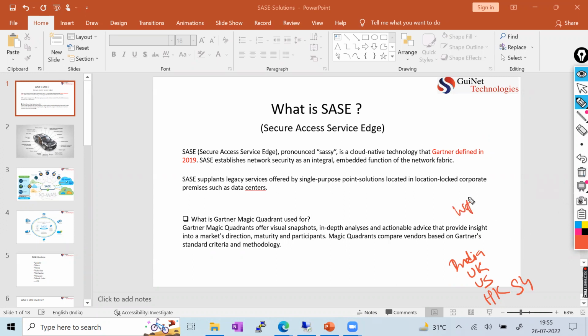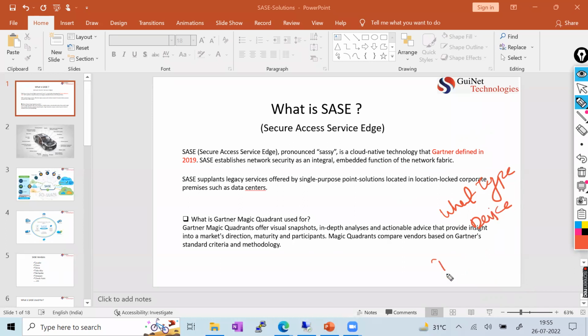I am working from home or from the office, it doesn't matter. All my applications should be accessible, regardless of where they are hosted and what type of device I am using.